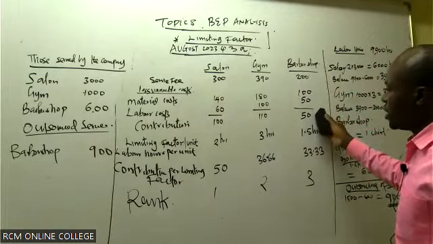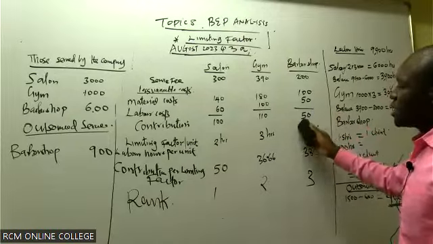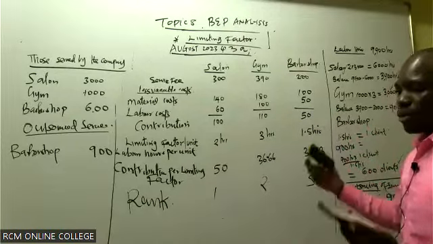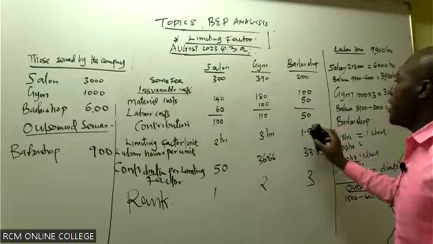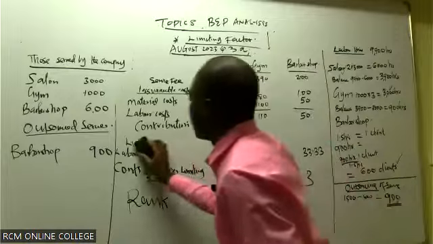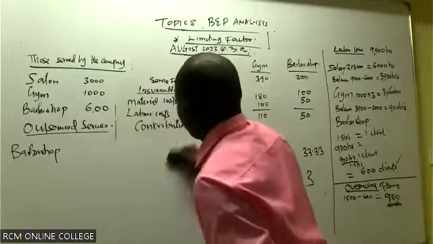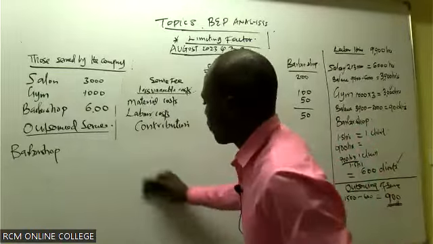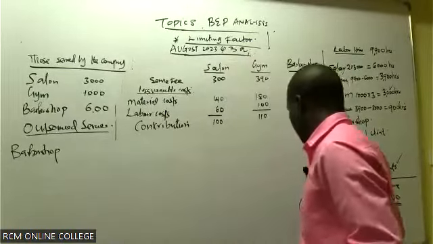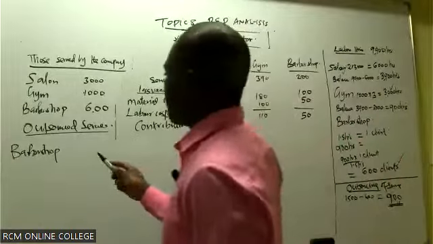It will not change. The only thing that's going to affect these ones is the units that were produced. So I will go to Roman 3, copy everything here except this part.